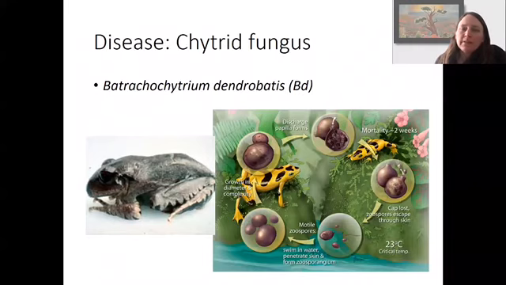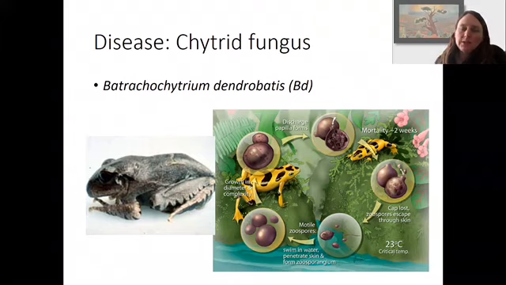One of the most devastating effects on amphibians is the Chytrid fungus, which is called BD, Batrachochytrium dendrobatidis, and it's a motile fungus. So it has motile zoospores with flagella that can swim through the water and find frogs. They then penetrate the skin and grow in the skin and can cause mortality within 2 weeks.